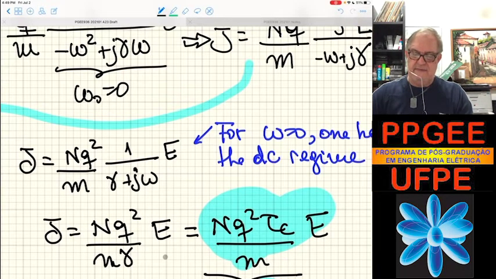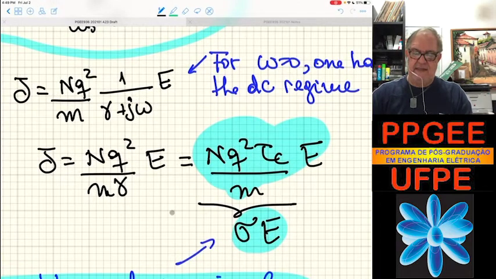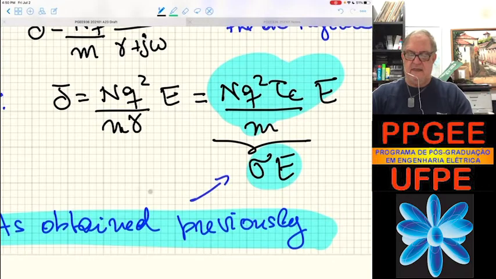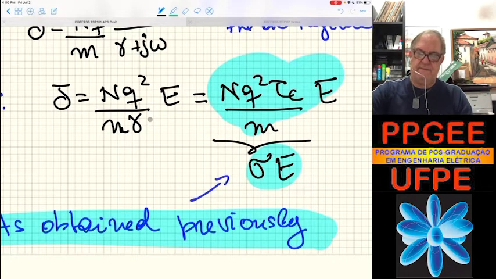And if we replace gamma, if we compare that with the model that we developed earlier when we talked about conductivity, that's the conductivity we got. We had the collision time, which is equal to 1 over gamma, right? So that's the conductivity. That's what we obtained previously.